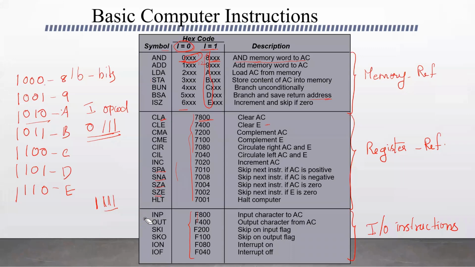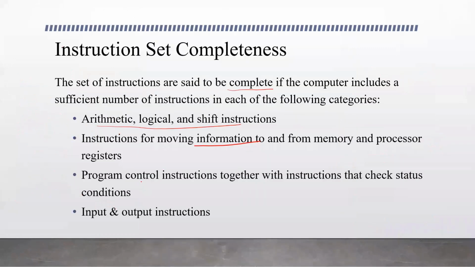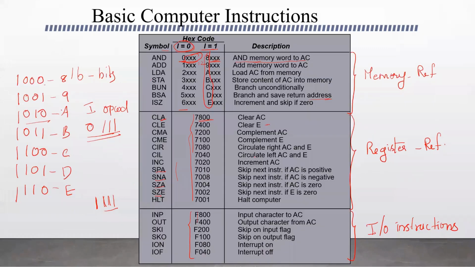And the next type we have is control instructions. Okay, the instructions that control the program flow, program sequence, are branch unconditionally, branch and save return address, increment and skip the next instruction if 0, skip next instruction if it is positive, skip next instruction, and halt, stop the execution.